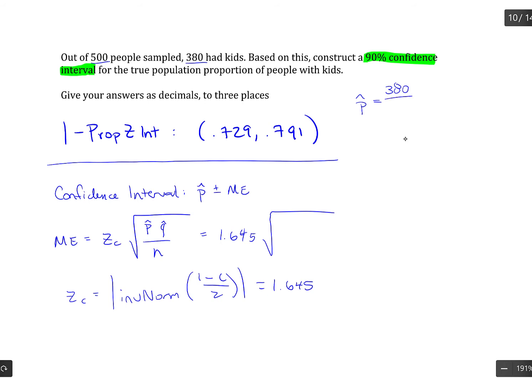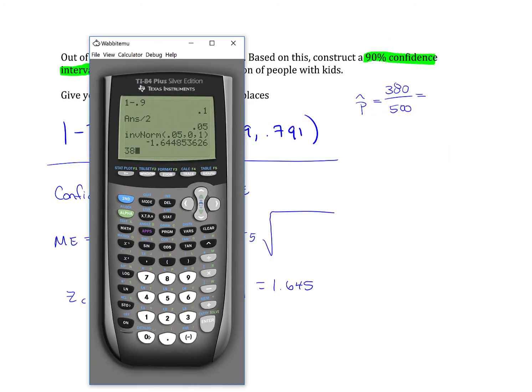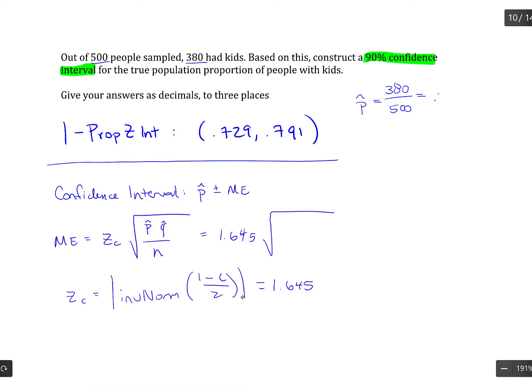So if we take the number of items that favor our event divided by that sample size, that would give us what p hat is. So p hat, in this case, is 380 divided by 500. So that is 0.76.